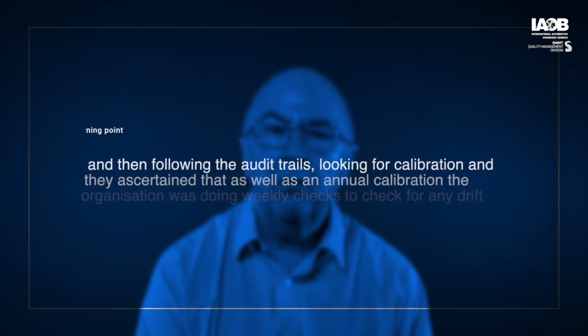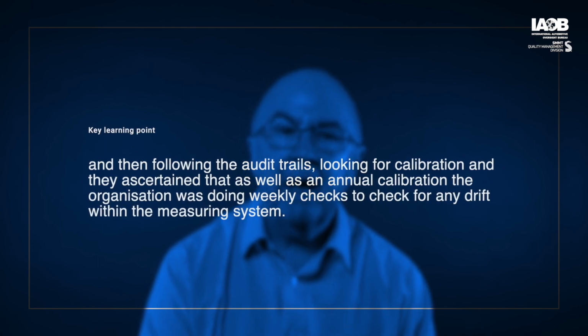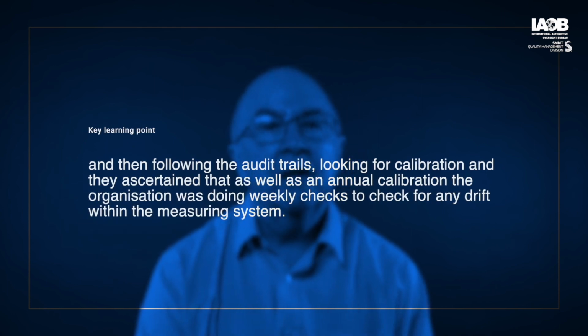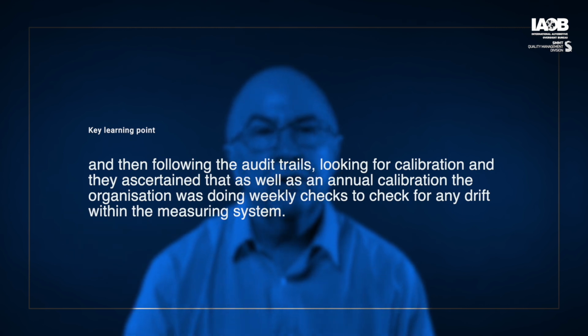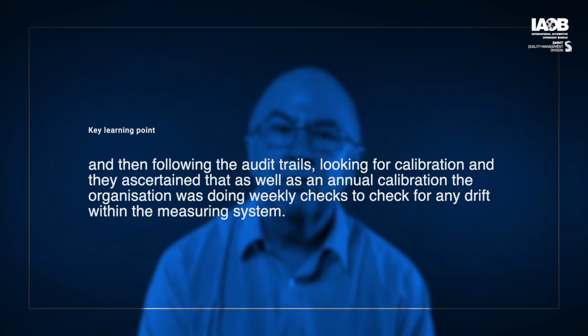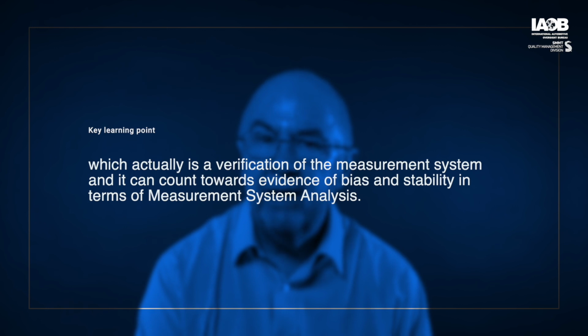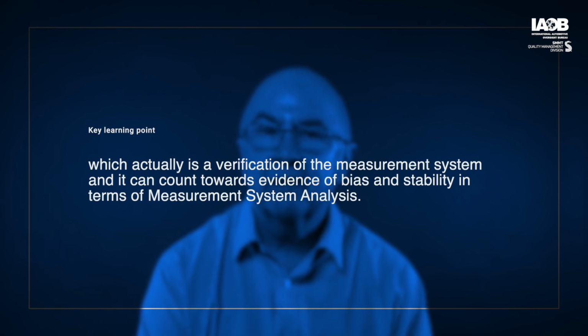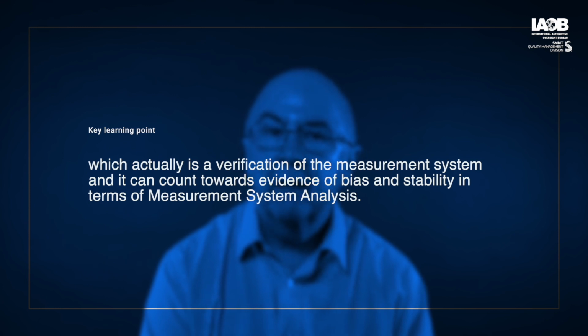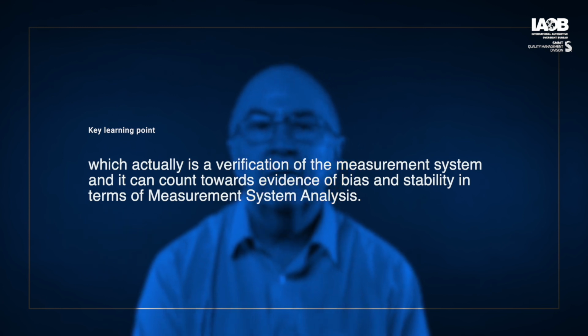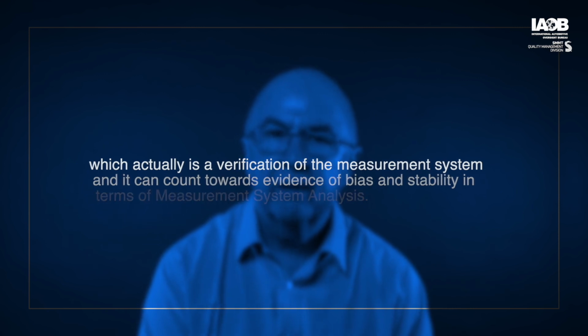And then following the audit trails, looking for calibration, they ascertained that as well as an annual calibration, the organization was doing weekly checks to check for any drift within the measuring system, which actually is a verification of the measurement system, and it can count towards evidence of bias and stability in terms of measurement system analysis.